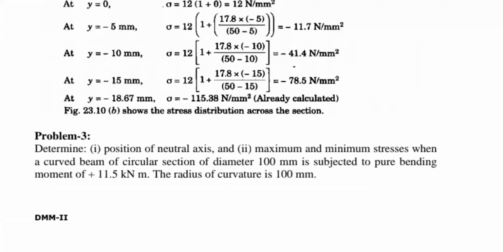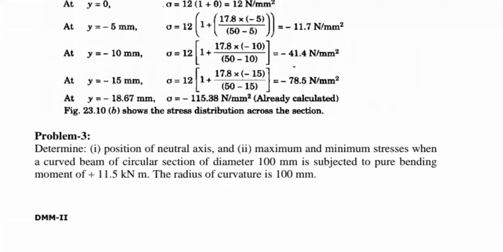The h square value is very important. The h square value varies from cross section to cross section, so it is important to remember the h square values. Your sigma value will be the same, but the h square value varies from cross section to cross section.